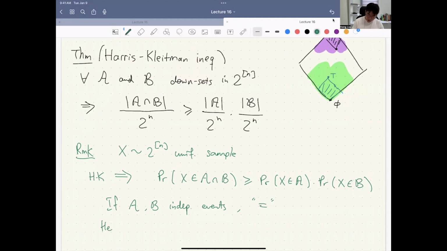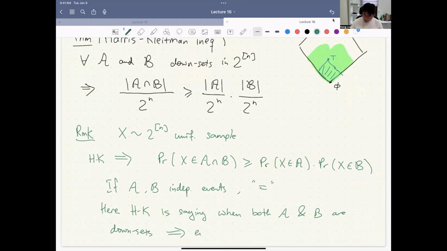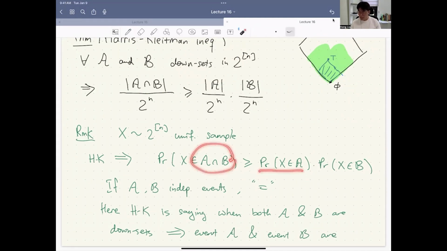Here, Harris-Kleitman is saying when both A and B are downsets, then events A and B are positively correlated, meaning that both of them happening is more likely than the product of them.